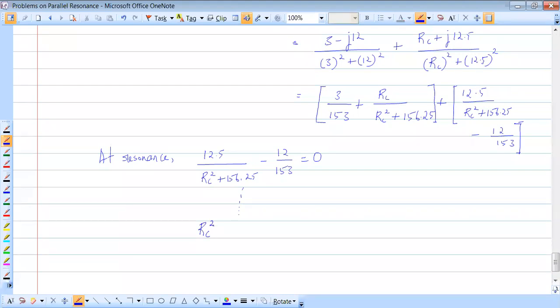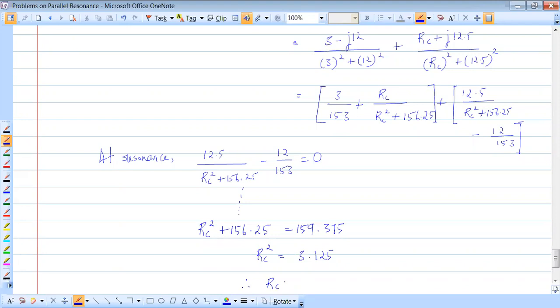It's RC squared plus 156.25 equal to 159.375. Okay, therefore RC squared would be 3.125. Fine. So what would be the square root of that?